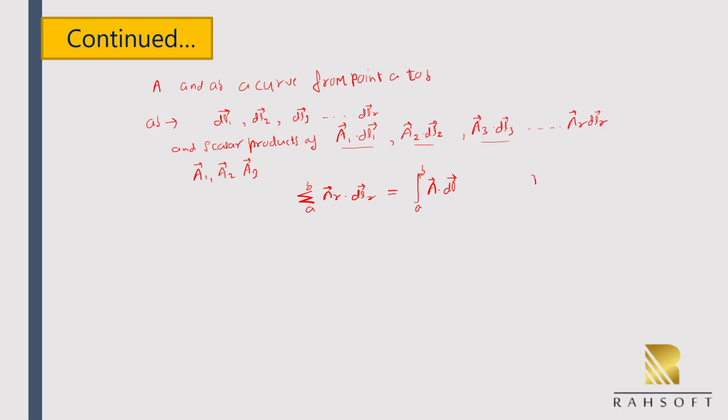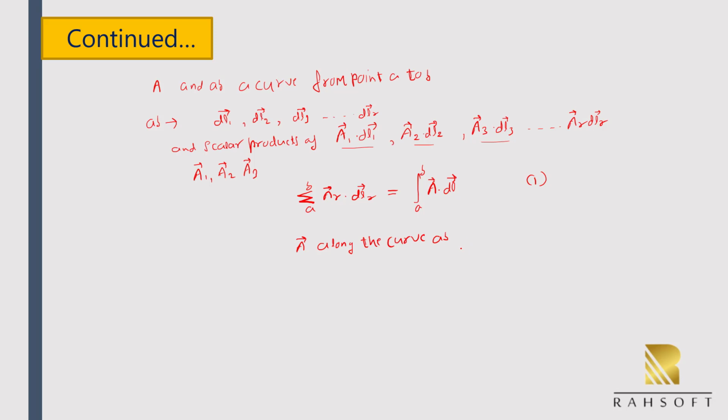You can consider this equation 1 along the entire length of the curve is known as the line integral of A along the curve AB.